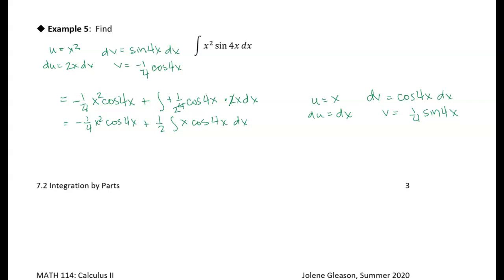Now I'm just going to work with this integral part of it. I want to hold this for later. I could even put a box around it so I don't forget about it, because now I'm just working with this other integral here.